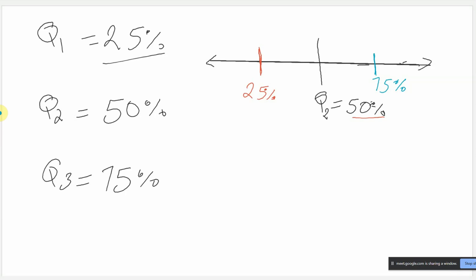This is the lower quartile, this is the higher quartile, this is the first quartile, this is the third quartile. This is our median. So this is how we apply percentiles the most in stats.